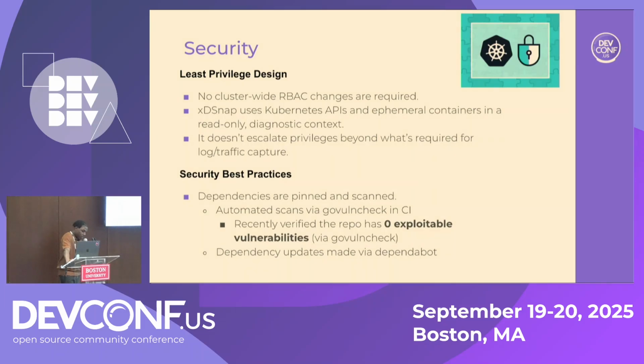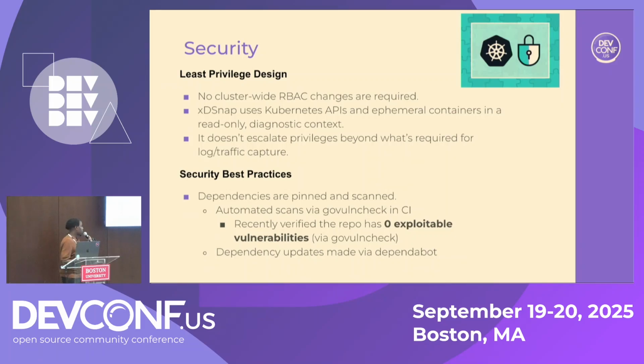An important part nowadays of the Kubernetes ecosystem is security. So I take security seriously when it comes to RBAC. There are no cluster-wide RBAC changes that are needed. You're just reading with the ephemeral container. It doesn't escalate privileges beyond the log traffic capture.